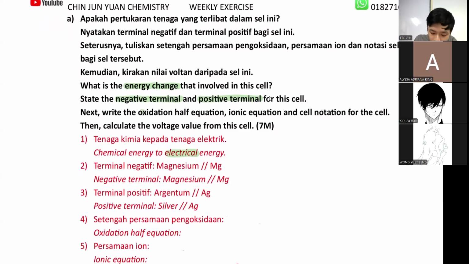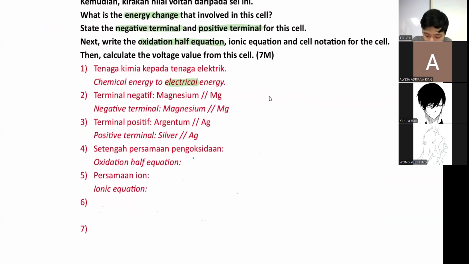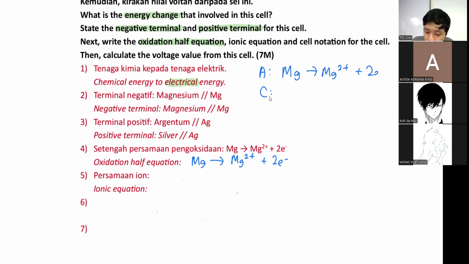Then the oxidation half equation, very simple. Mg becomes Mg2+ by donating 2 electrons. Ionic equation: you must have two half equations, from the anode and from the cathode. Anode is Mg becomes Mg2+. Cathode is Ag+ receives 1 electron to become Ag. Don't forget it's only one.